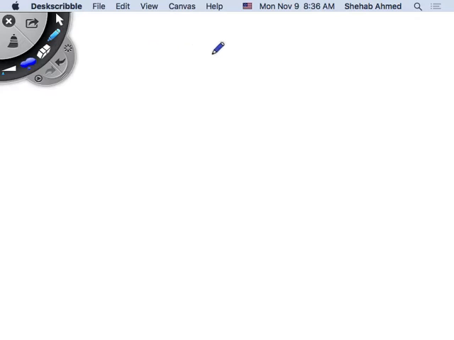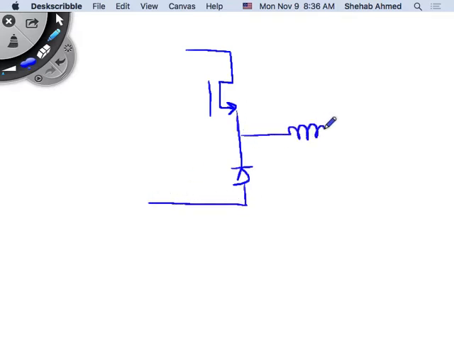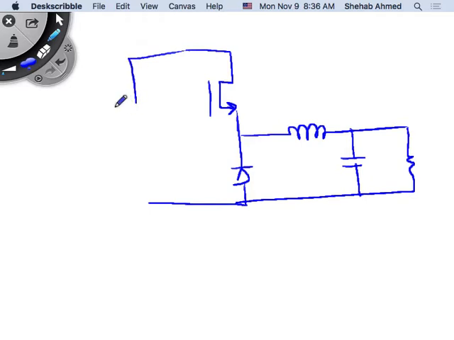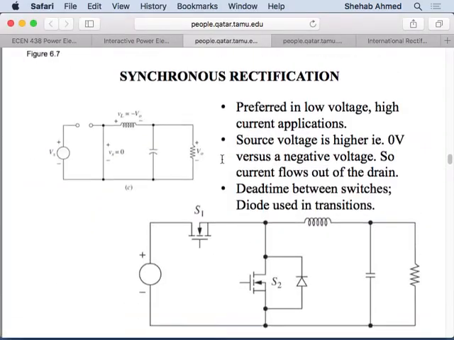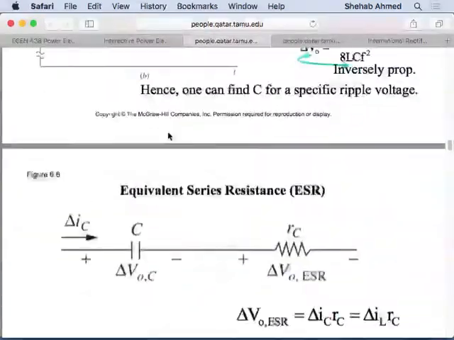Let me draw. I'm just drawing it a little different. So this is the step down converter that we just finished. I didn't change anything here. This is the step down converter.